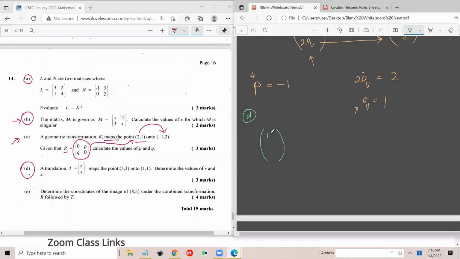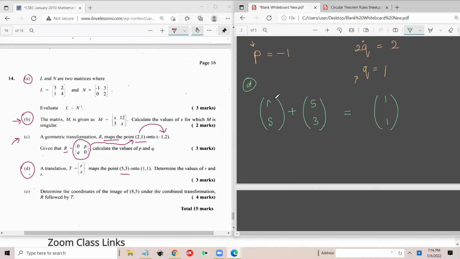T is R S, right? I have to write my S properly because if you write your S badly, it looks like a 5, right? It maps the point 5, 3. So that means we take in R S and apply it. So it's an addition to 5, 3. And when we do that, we get 1, 1.